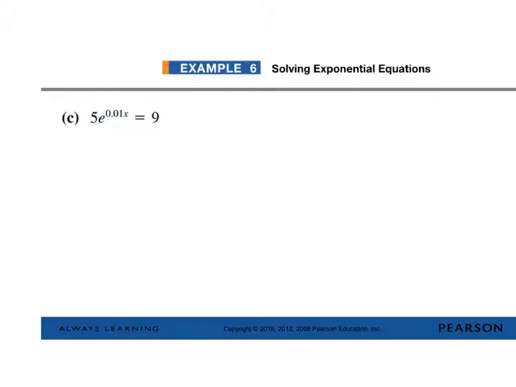So the first thing that we're going to do is we're going to divide both sides by 5. And that leads us to e to the 0.01 power is equal to 9 over 5. And since that's a nice decimal number, we're going to go ahead and call that 1.8.